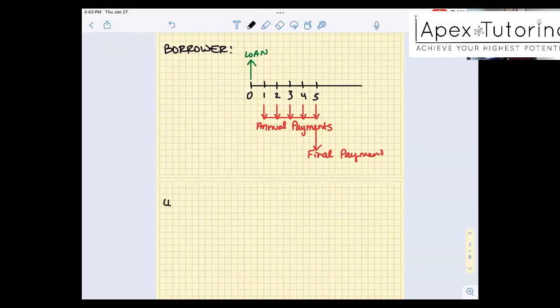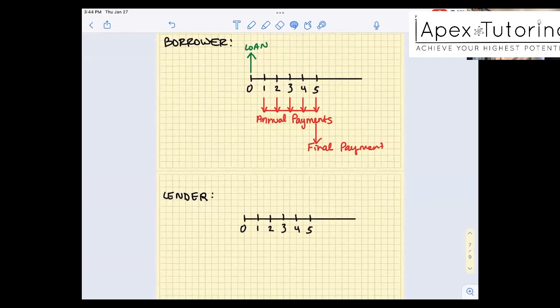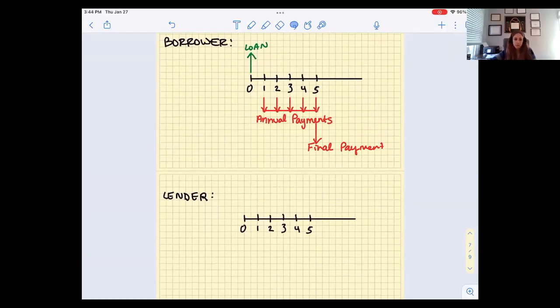We can look at the same situation from the lender's perspective. When they loan you the money, it is leaving their account. So that arrow goes down instead of up.